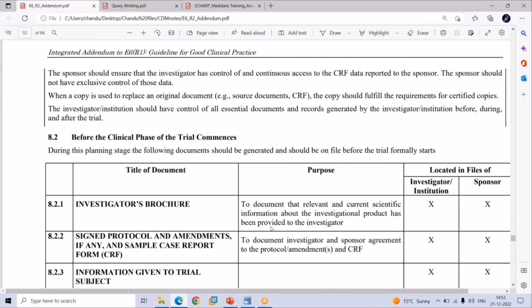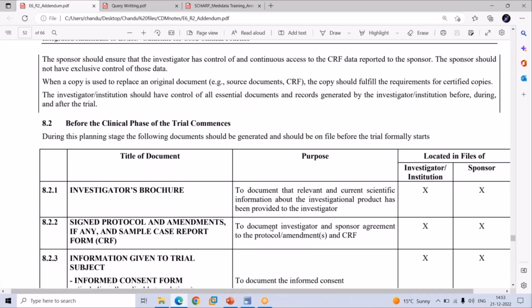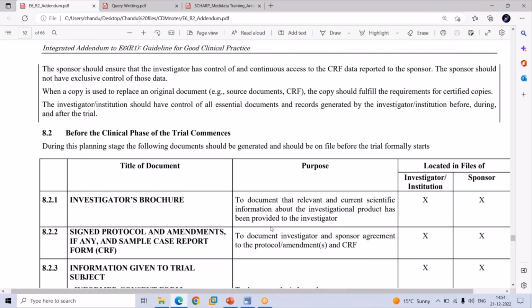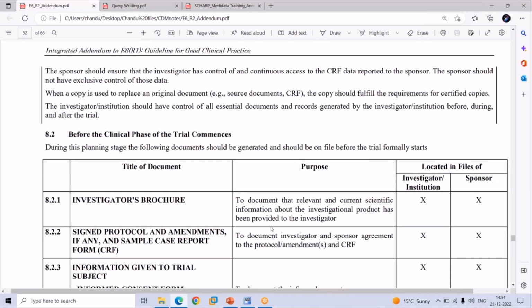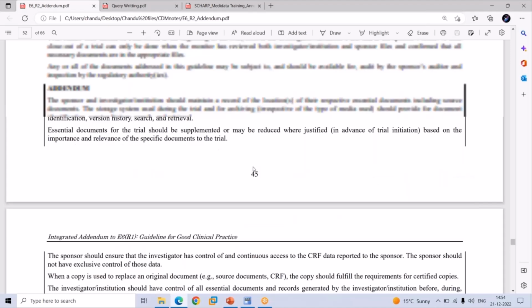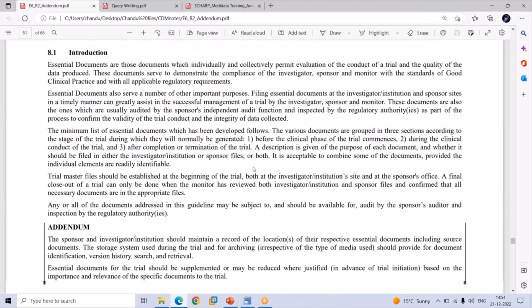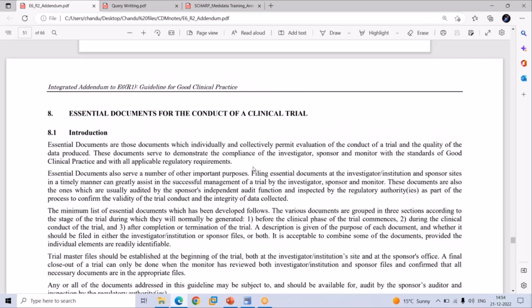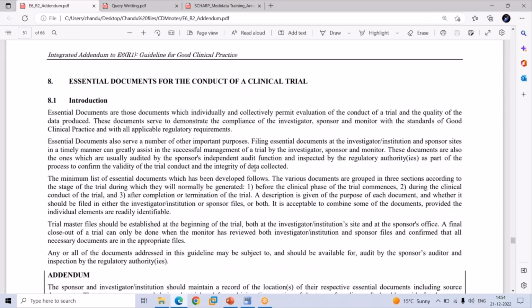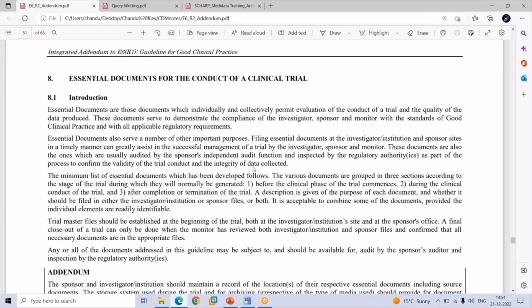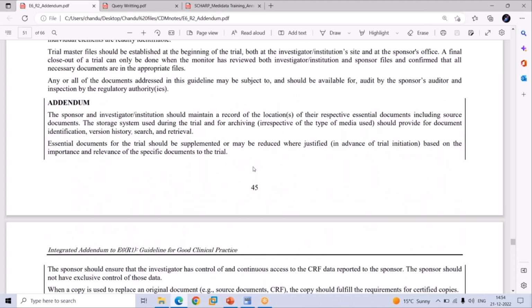So all these documents will be maintained in the TMF, Trial Master File. These are all essential documents you see. We'll discuss in detail later.